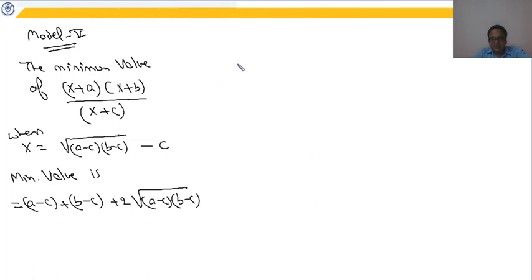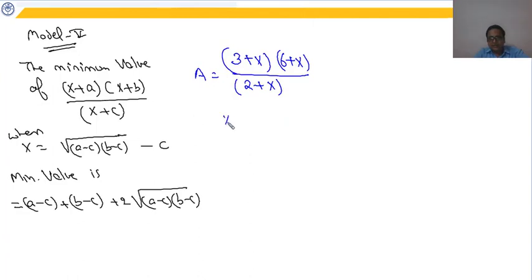Let's take one example. We have to find the minimum value of (3 + x)(6 + x)/(2 + x). We know this occurs at x equal to the square root of (a - c)(b - c), minus c.